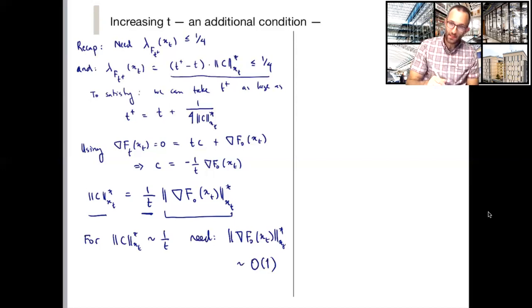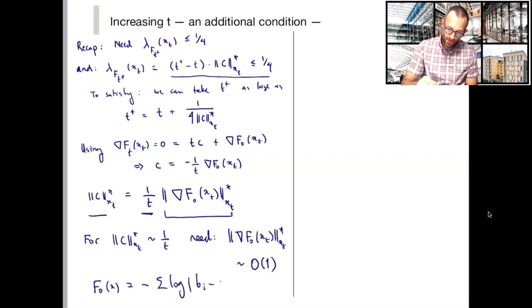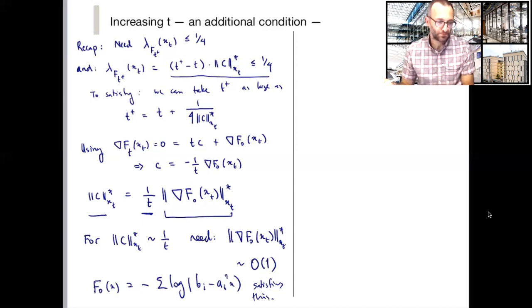My point is that, as we just saw, f0 of x equals minus the sum of log of bi minus ai transpose x satisfies this. We saw this for log.